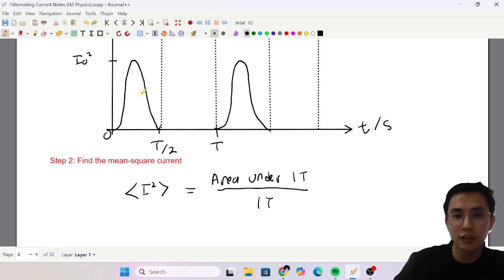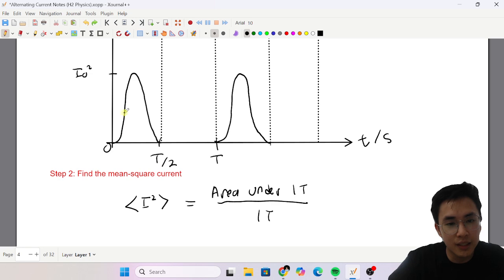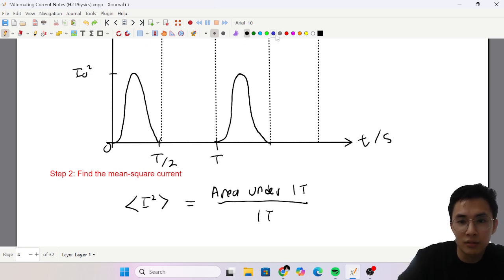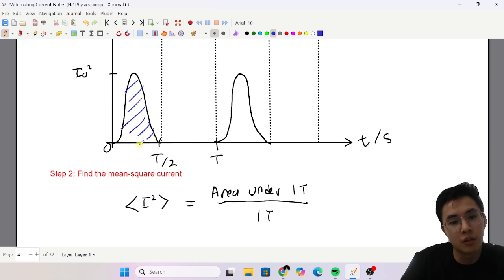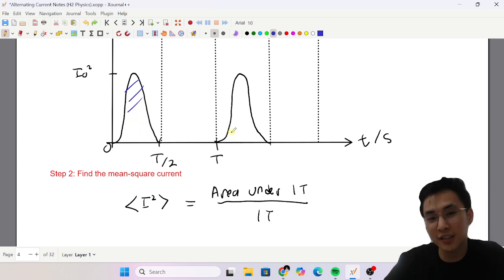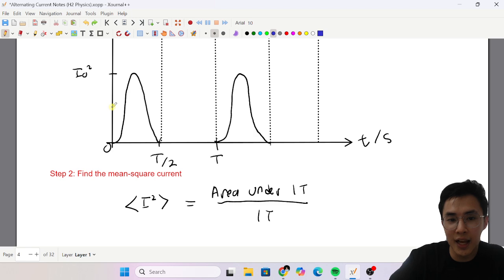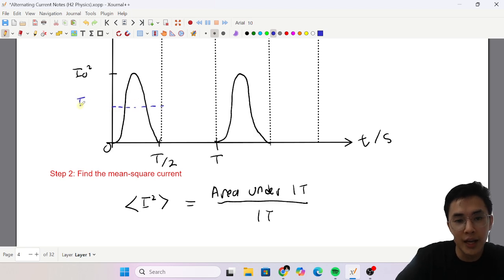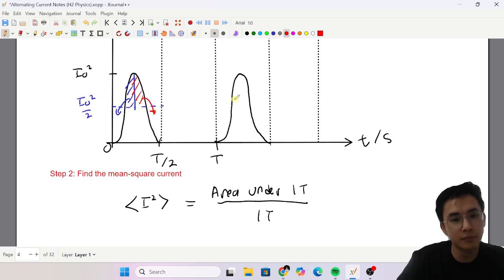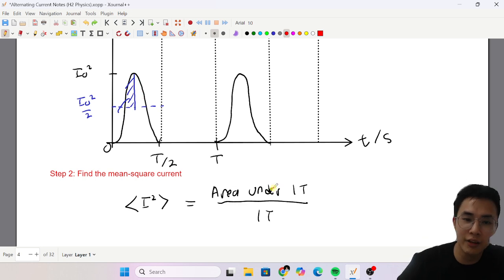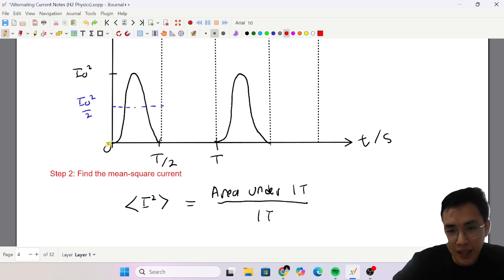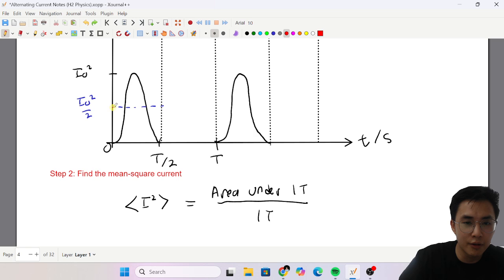And it's quite easy. If I want to find the area of this whole part, let's shade it in blue. What do I do? We've learned the technique just now. If it's a sine squared graph, I can just cut this into 2. So this will be I naught squared over 2. Then I plug this part, put it here, then plug this part, put it here. The area under the graph for the first half of a period will just be the area of this box.